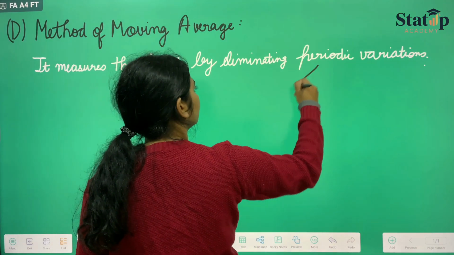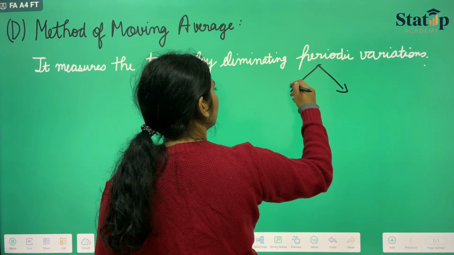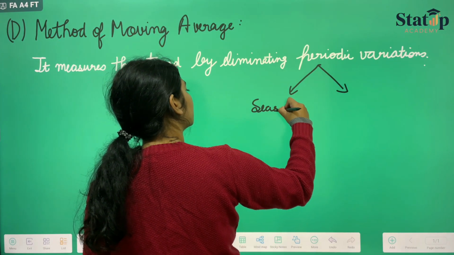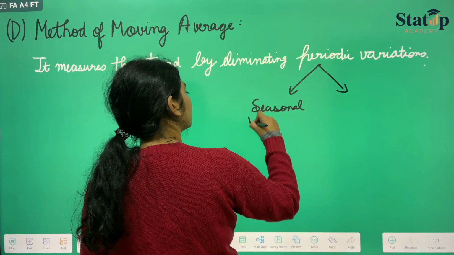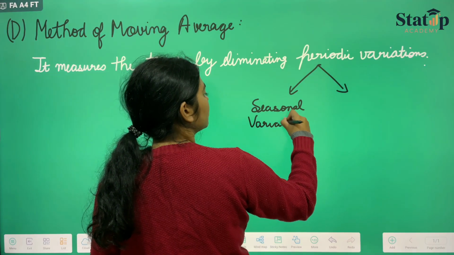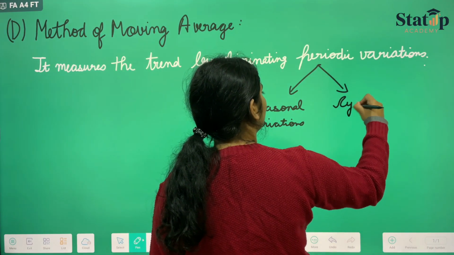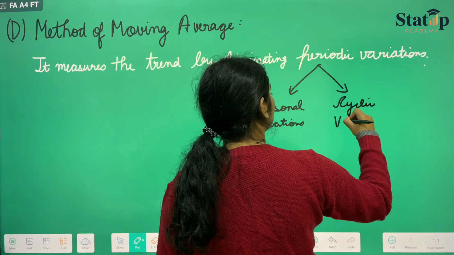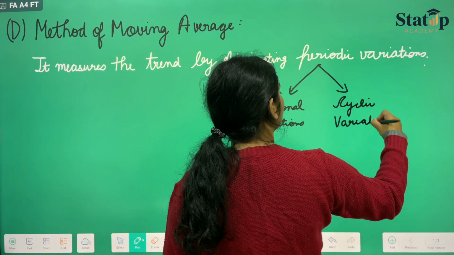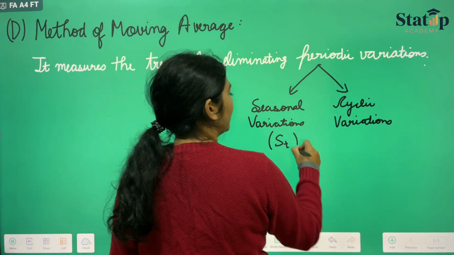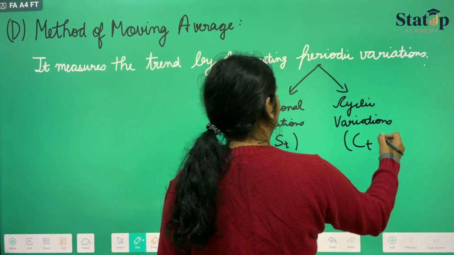First one was seasonal variation, and the second one was cyclic variations, which are represented by ST and CT respectively.